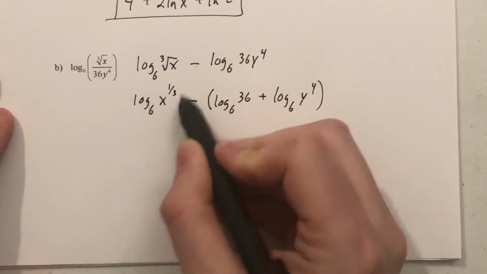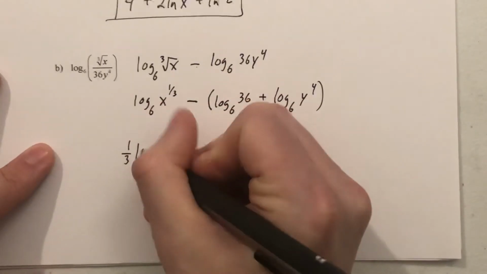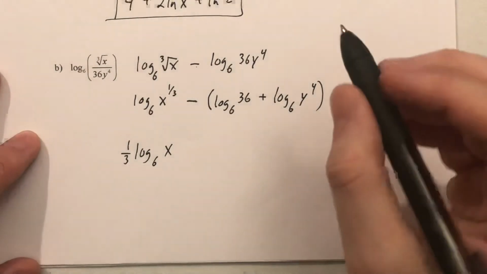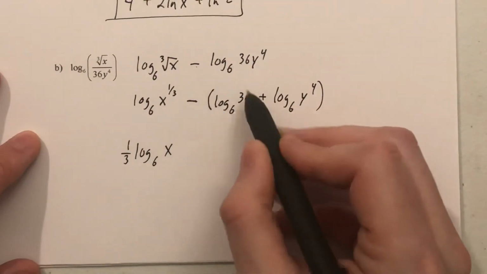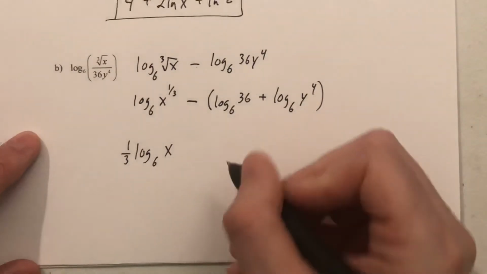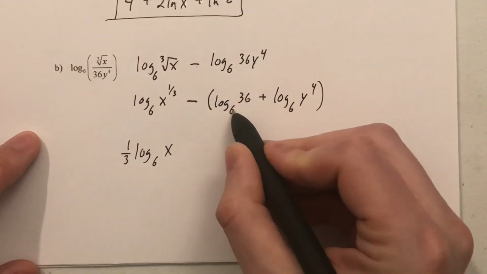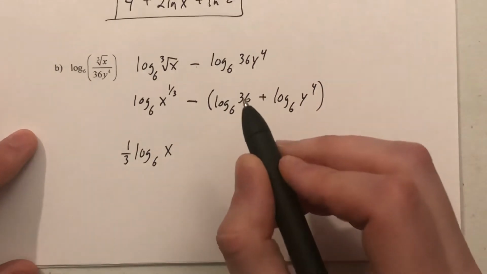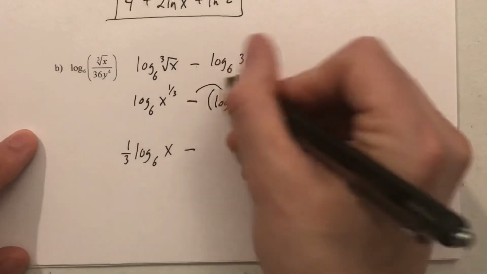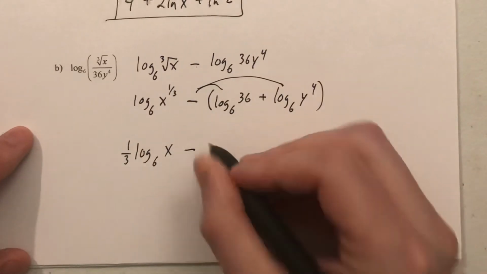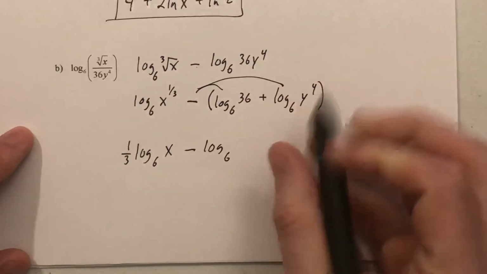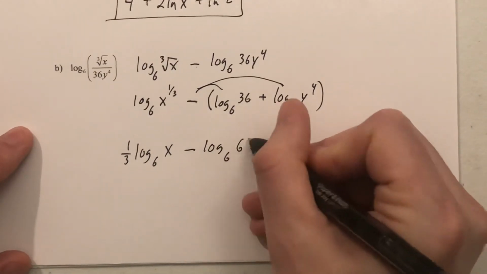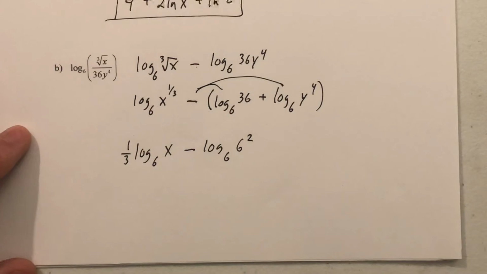Now back to here, this is where I can use the power rule and pull the 1/3 out front: 1/3 log base 6 of x. I'm going to distribute this minus sign through these parentheses, but also as I do it, I want to point out what we've got here, log base 6 of 36. If we can recognize 36 as a power of 6, that's 6 squared.